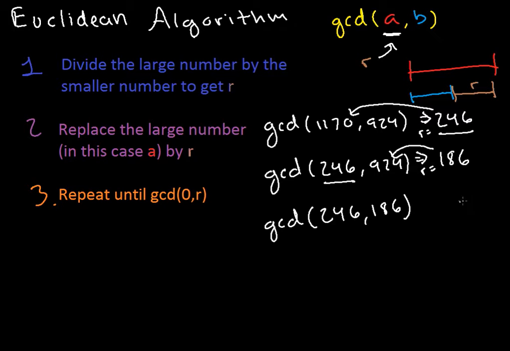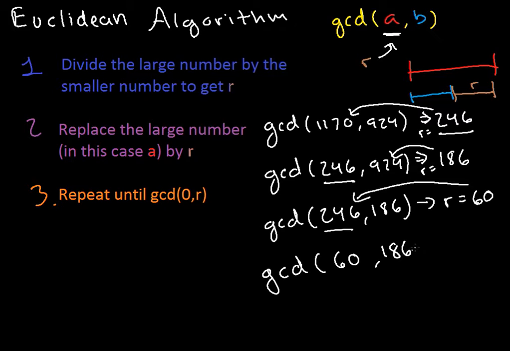So you do the same thing again. You say 186 plus 60 is the new remainder. The larger of the two gets replaced with 60. Now you rewrite it: greatest common denominator between 60 and 186. What is the remainder?